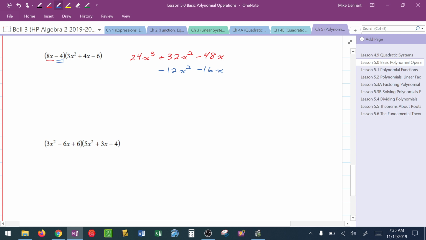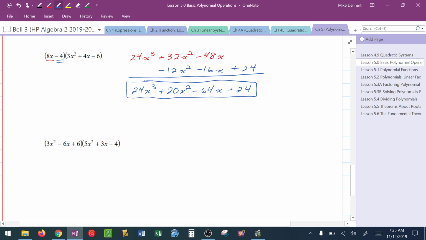Then I have negative 4 times negative 6, which is positive 24. That didn't have any partner, and I knew where it should end up in order. Now I'm all set up to combine my like terms. I find this the easiest way to organize these kinds of multiplications. So I have 24x to the third plus 20x squared minus 64x plus 24. And there's my product.